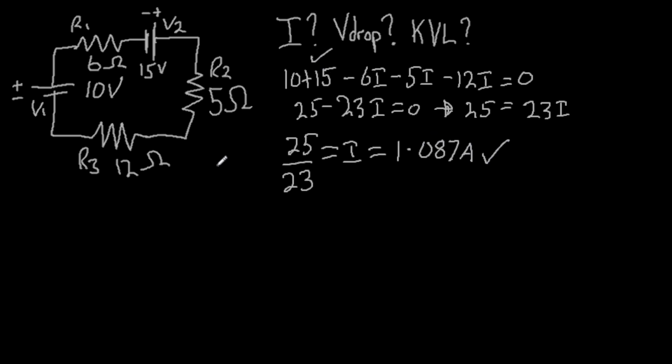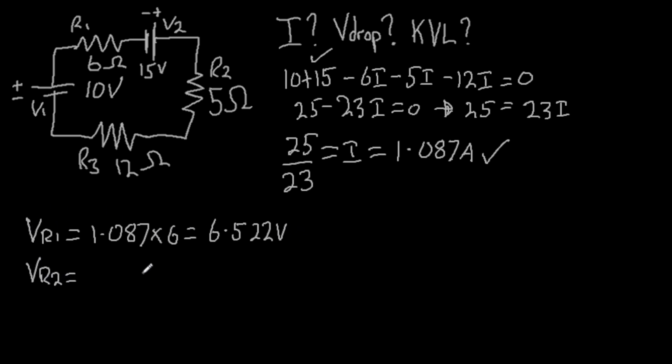So now we have the total current, we can now find the voltage drop across each resistor. So let's start with R1. VR1, the voltage drop across R1, is 1.087 times 6 equals 6.522 volts. That's the voltage drop across R1.